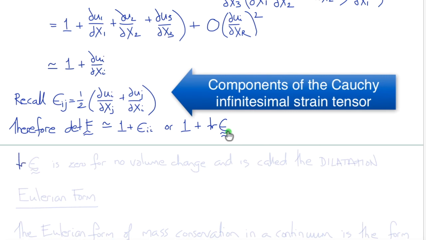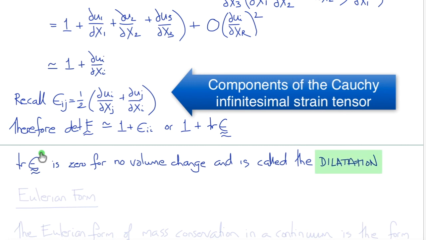So in other words, in the limit of infinitesimal strains and rotations, the determinant of F is 1 plus the trace of epsilon. The trace of epsilon will be 0 if there's no volume change, positive if it's expanding, negative if it's shrinking, and this term is called the dilatation.